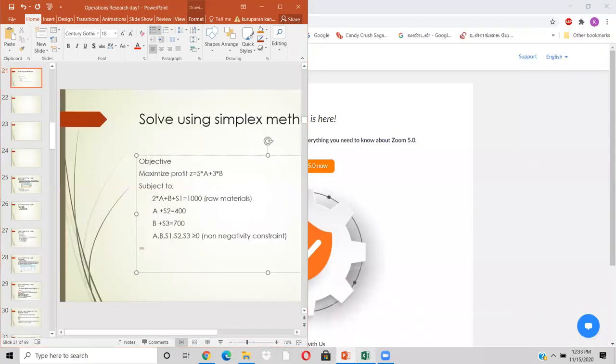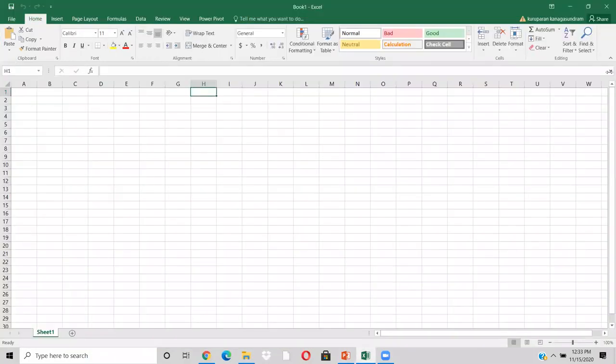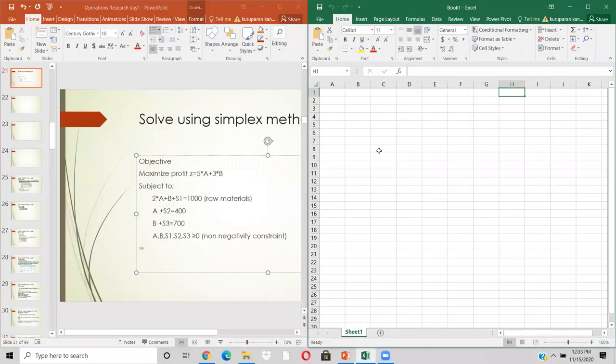How to draw this as a chart, trying to use Excel.